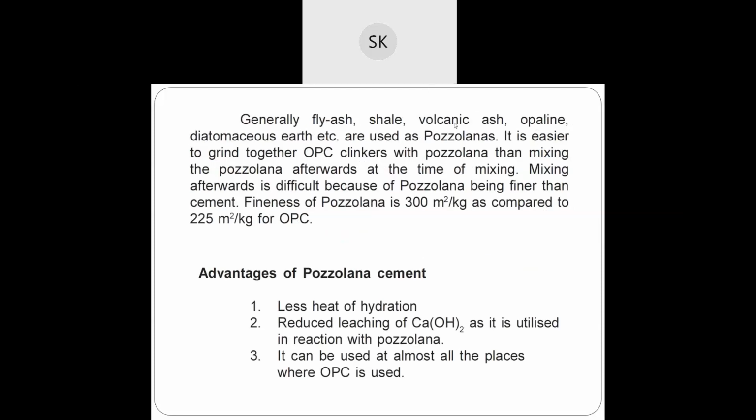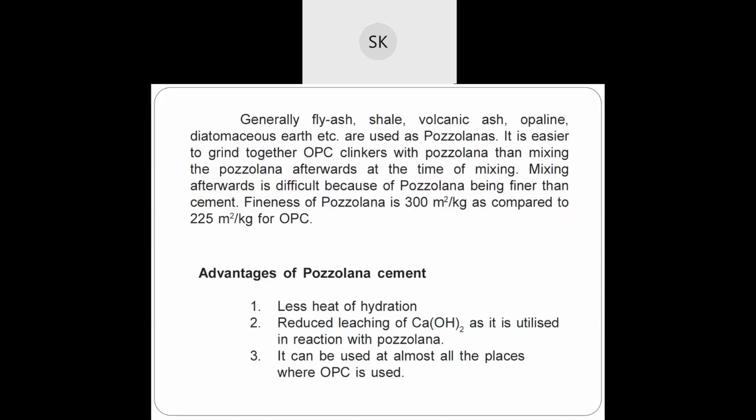Generally fly ash, volcanic ash, etc. are used as pozzolanas. It is easier to grind OPC clinkers together with pozzolana than mixing the pozzolana afterwards at the time of mixing. Mixing afterward is difficult because pozzolana is finer than cement.